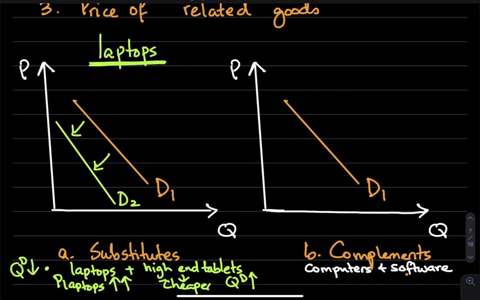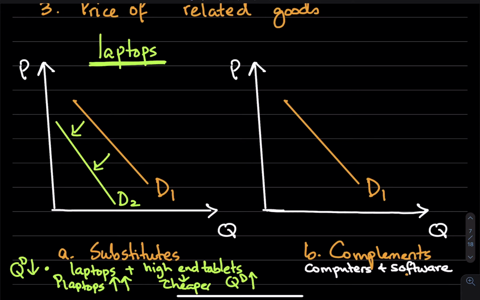Okay, something that goes together. So it can be anything like college tuition and textbooks, bagels and cream cheese, eggs and bacon, lots of different things that you can think about. So computers and software is one example that we can roll with.